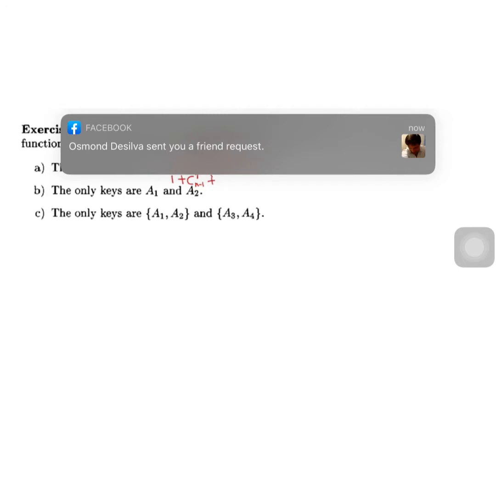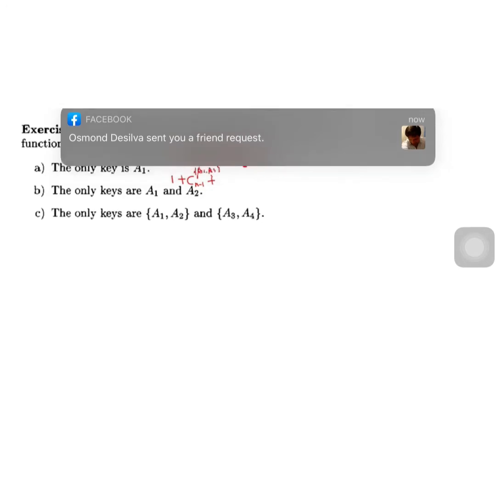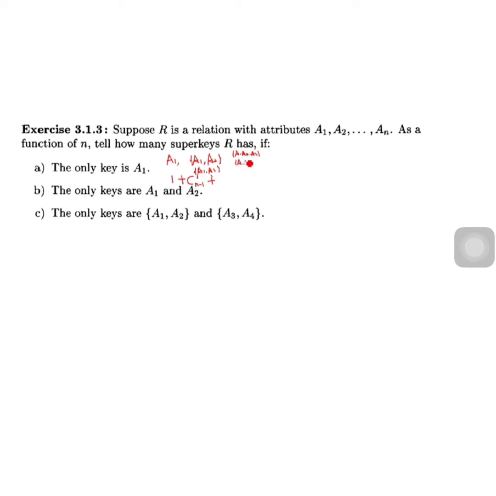A1, A2, A3 is also a superkey. A1, A2, A4 is also a superkey. Then the number of superkeys with 3 attributes is choosing two attributes from A2 to An.